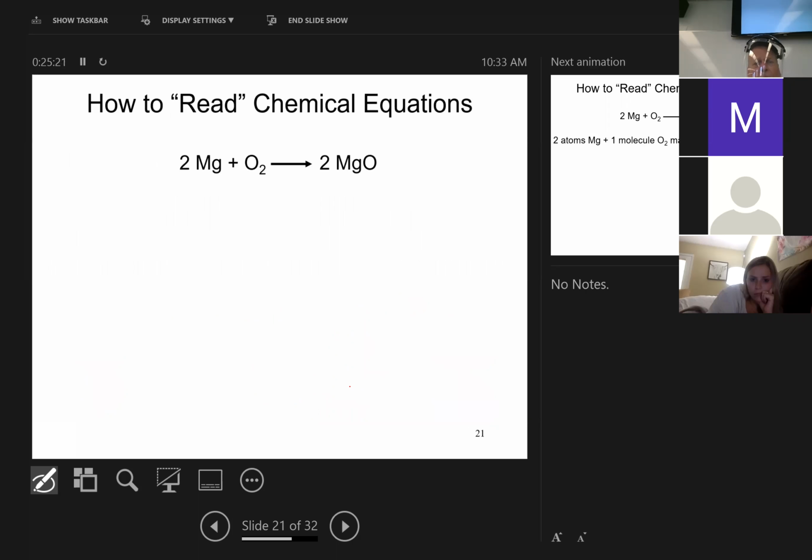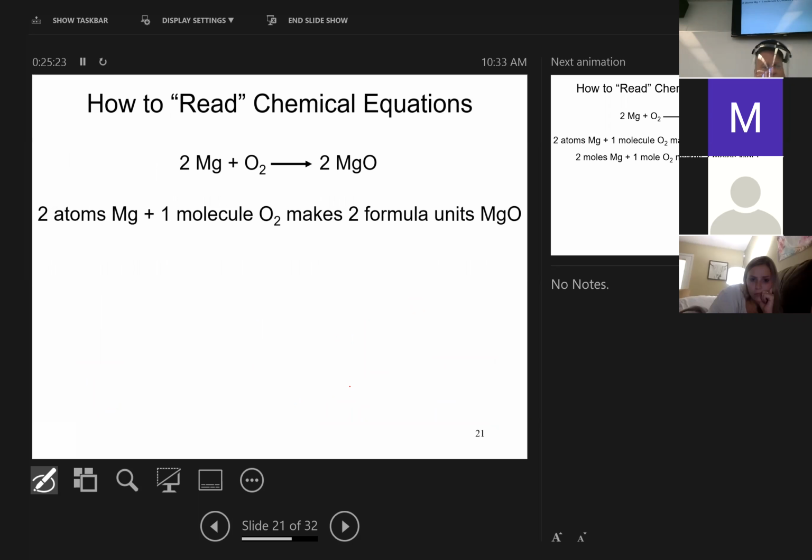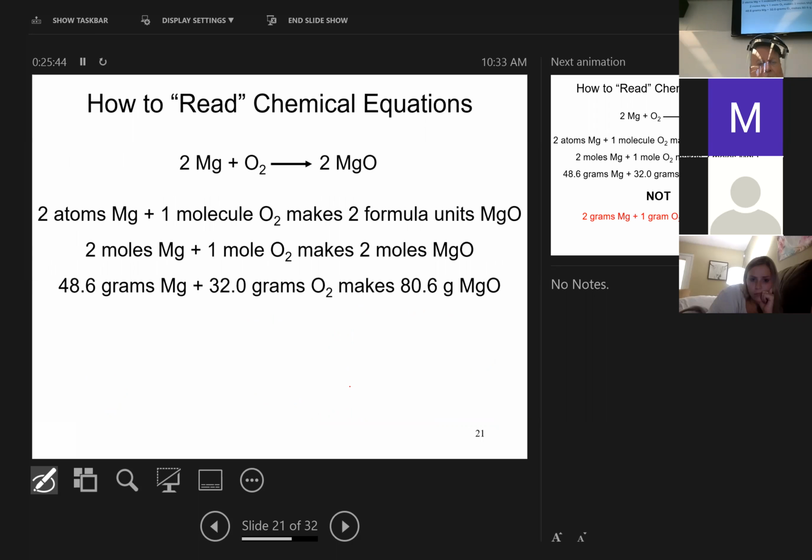How to read chemical equations? Well, essentially 2 atoms of magnesium plus 1 molecule of oxygen makes 2 formula units of MgO, okay? And this is a salt, so it's formula units in this case. 2 moles of magnesium plus 1 mole of oxygen makes 2 moles of magnesium oxide. 48.6 grams of magnesium plus 32 grams of oxygen makes 80.6 grams of magnesium oxide.